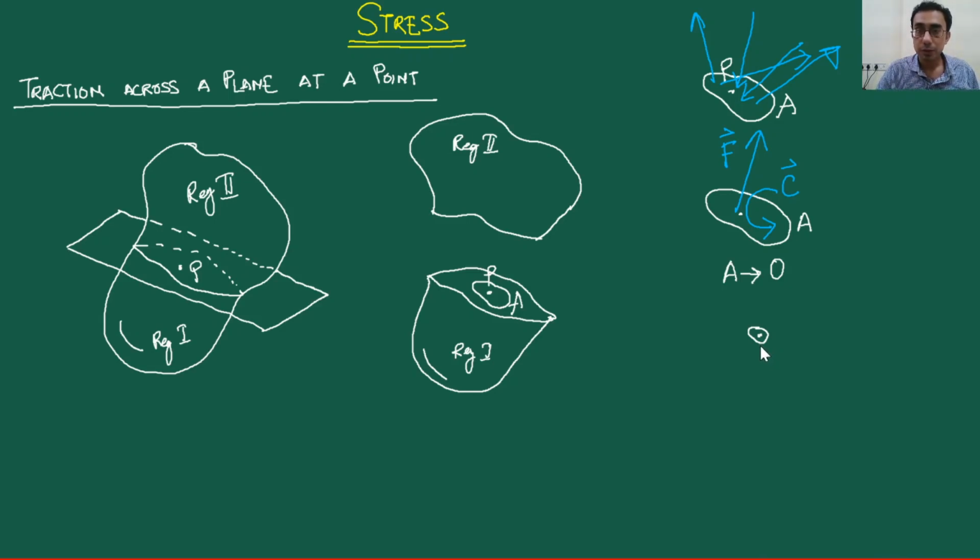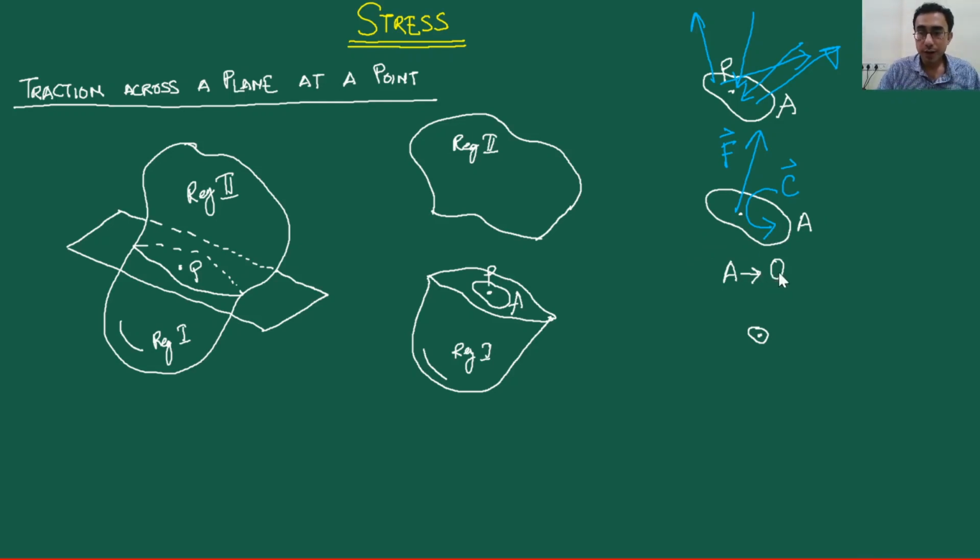Now what about the couple? Well, the couple is also tending to 0. Why? Well, you see, the couple is found out by taking the cross product between a moment arm and a force. That kind of moment arm would be calculated from some kind of a reference axis which may be lying on this region.